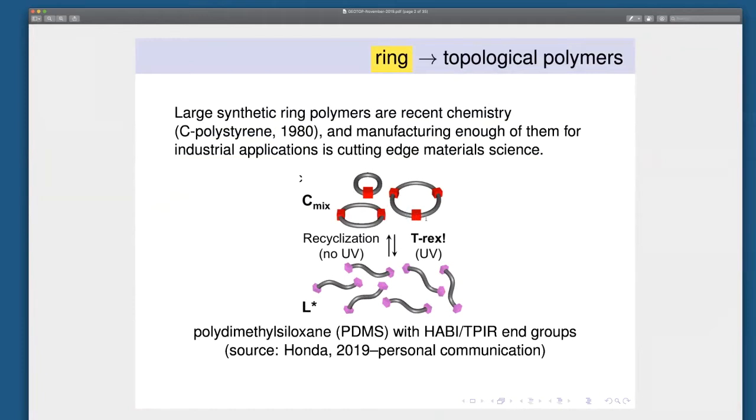Those are reasonably hard to make chemically, essentially because you have to get the ends close enough to bond. So in fact, now people are good enough at this to make a recyclizable polymer where you can change it from a linear melt to a melt of rings and go back and forth.